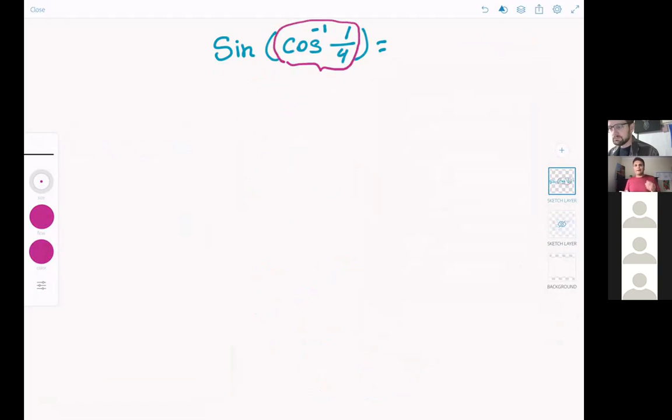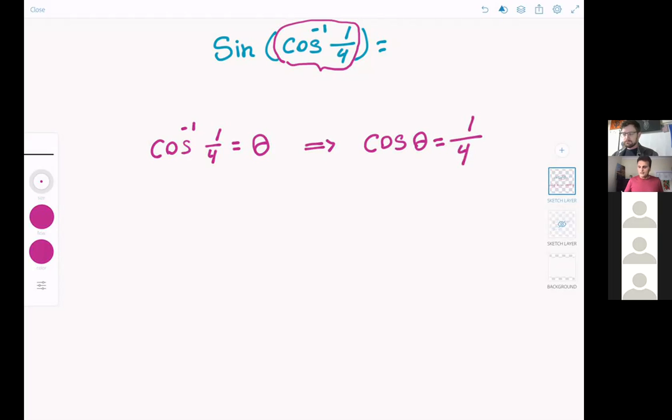Do we know an angle whose cosine is 1/4? That means this gives us a theta. This is exactly the same as cosine of theta equal to 1/4.